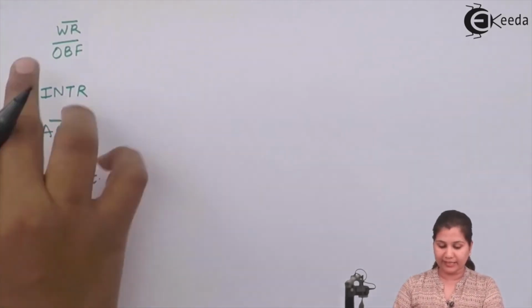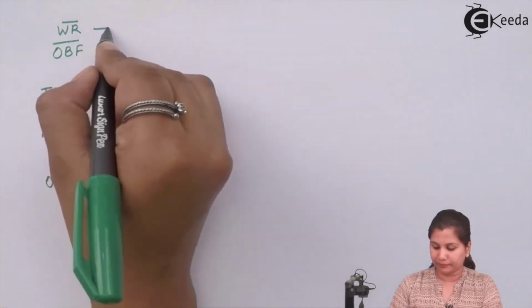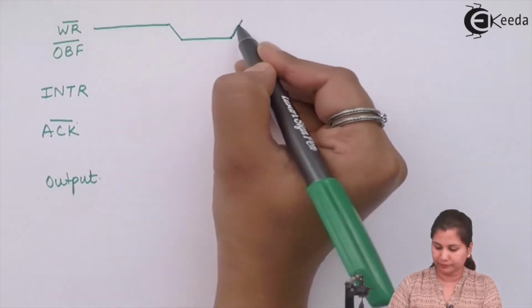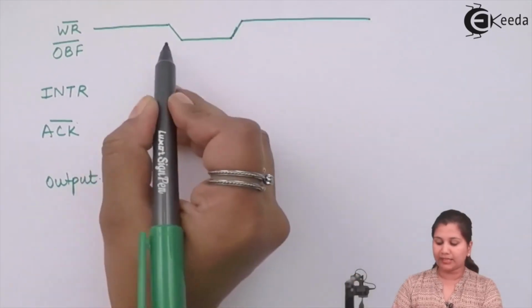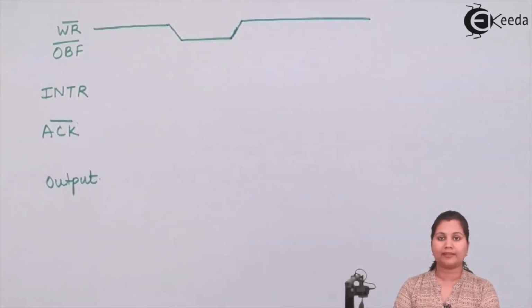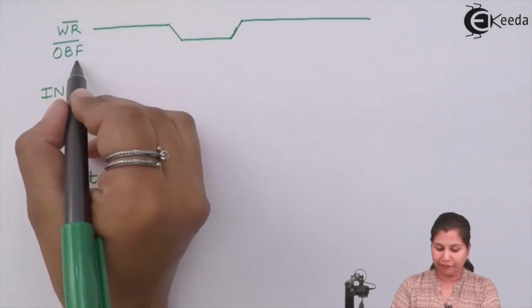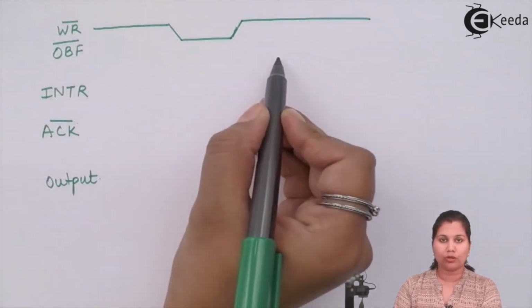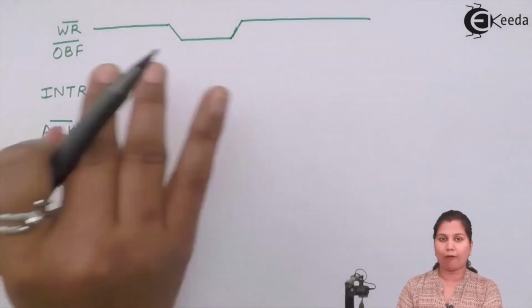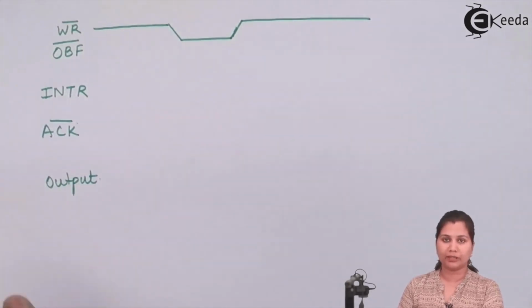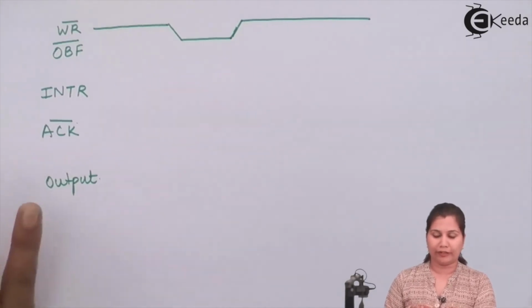Now when the write signal is low, it means that the microprocessor is writing the data byte into the output latch of the 8255. So OBF bar will go low, indicating that the output latch is full and the output byte is available at the 8255.